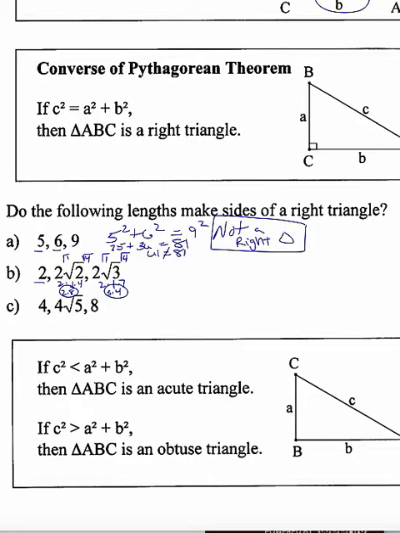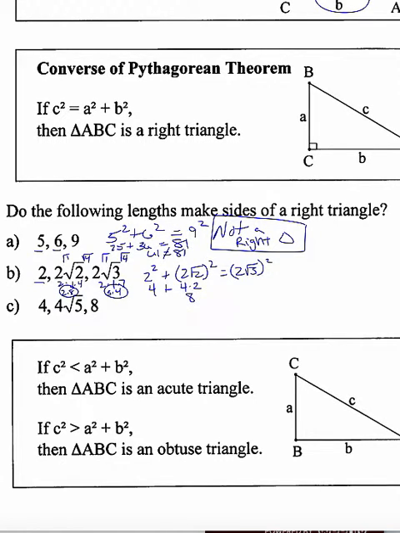So I'm going to ask myself, is 2 squared plus (2 root 2) squared equal to (2 root 3) squared? You'll notice I'm putting that in parentheses because people forget a lot to square the square root correctly. 2 squared is 4, but 2 root 2 times 2 root 2 would be 4 times 2, which is 8.